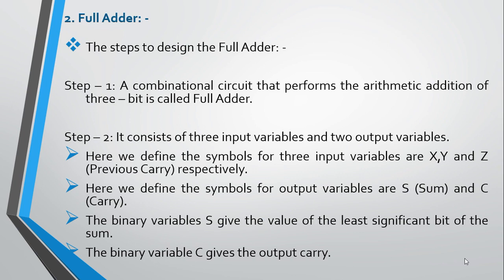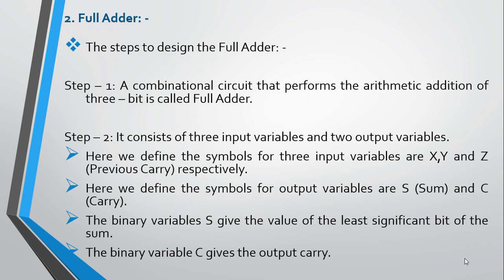So over here there are 3 input variables x, y and z. Over here there are 2 output variables which can be referred to as sum and carry. Sum is a binary variable that gives the value of the least significant bit of sum, and C is a binary variable which is used to give a carry.